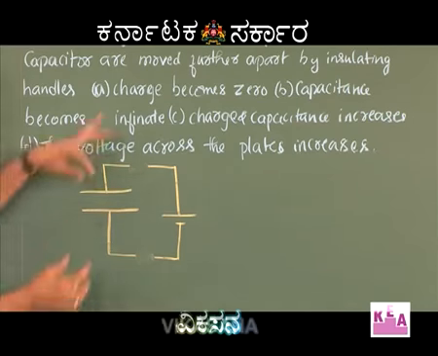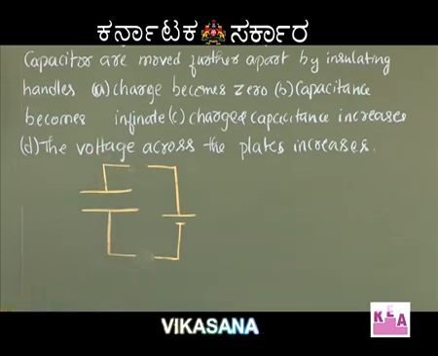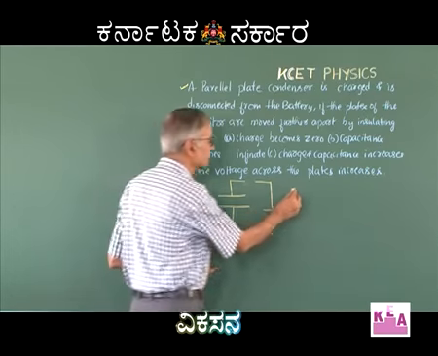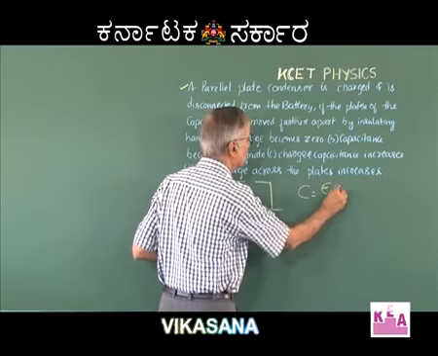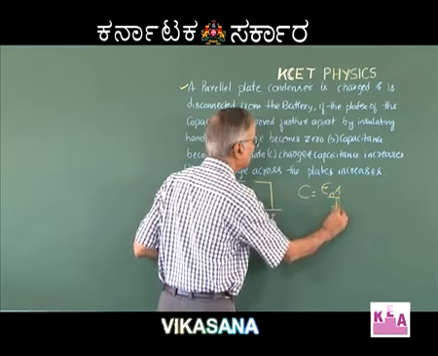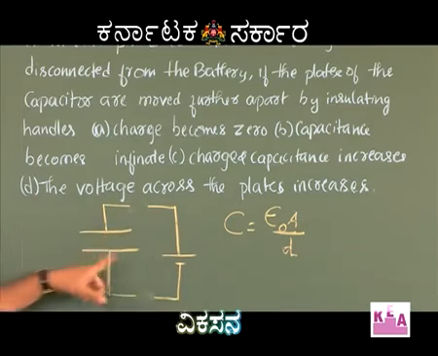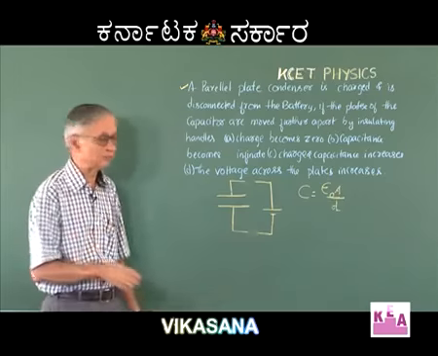Now, by the insulating handles, if you pull the plates apart, you know that capacity is given by the formula C is equal to epsilon 0 into A divided by D. Therefore, when D increases, capacity decreases. The charge on the condenser will not change.